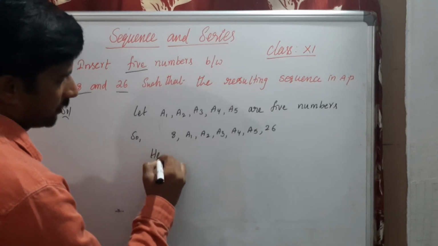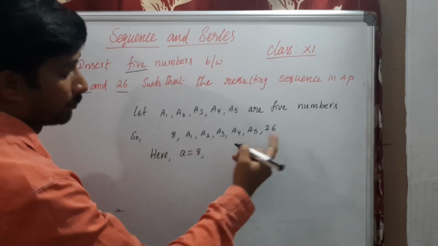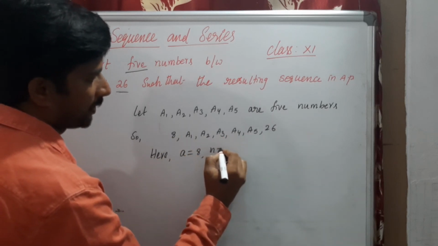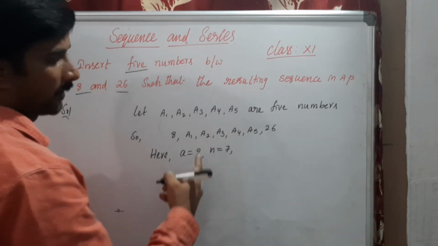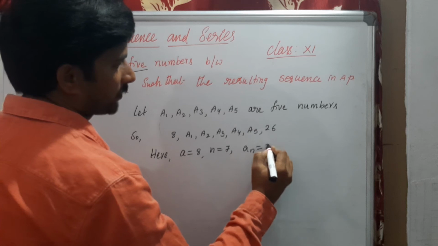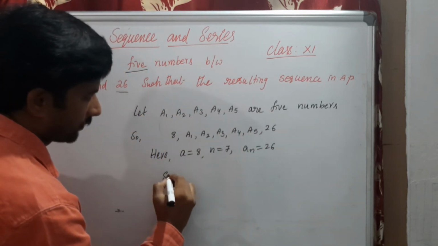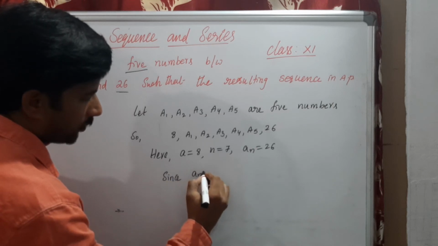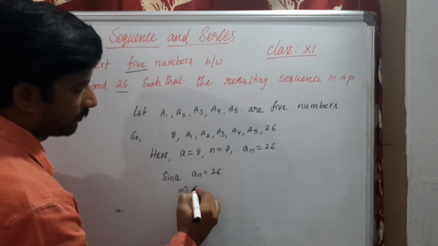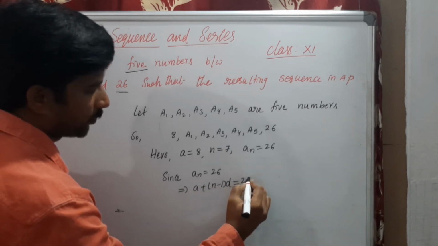Here the first term a is equal to 8 and the number of terms here, 1, 2, 3, 4, 5, 6, 7, n is equal to 7, and in this sequence the last term is 26, nothing but an is equal to 26. Since an is equal to 26, and we know the formula of an, which is a plus (n minus 1) into d is equal to 26.